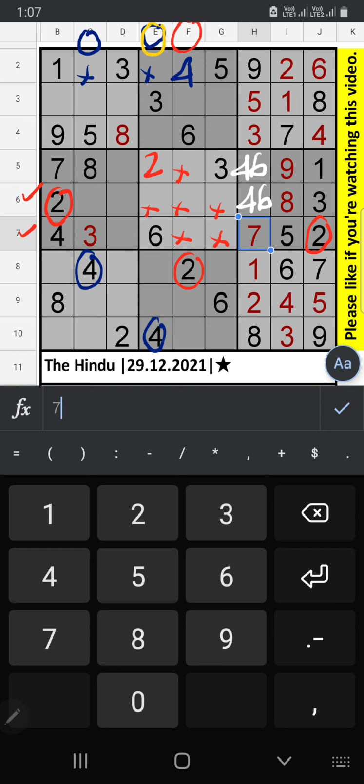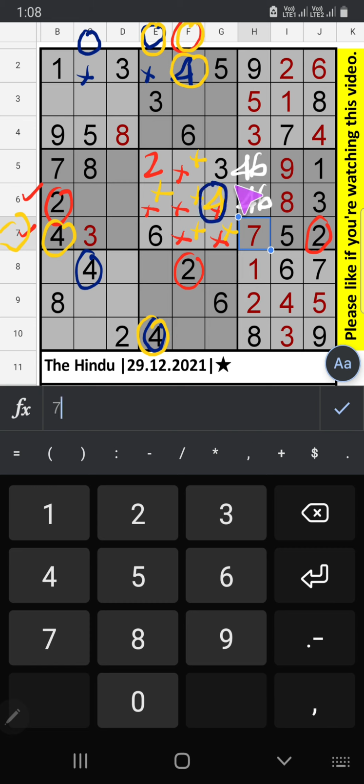Column E and column F, we already have 4. Also 7th row also we have 4. It can't come in these cells. Then 4 will be here.